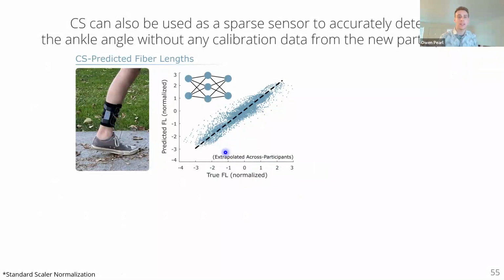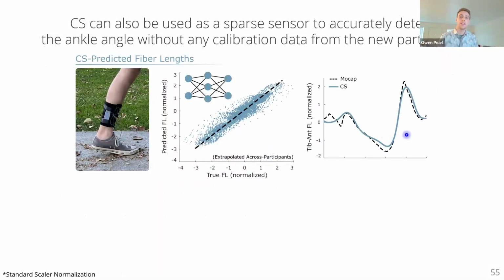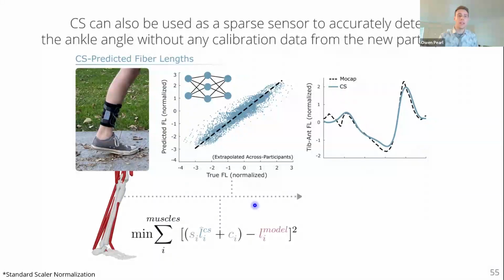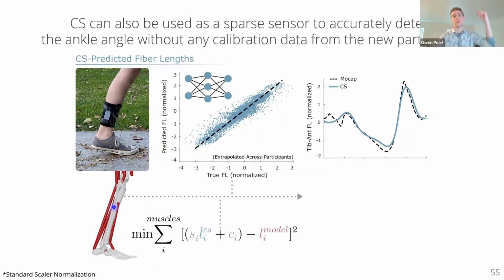And once we have this estimation, this is not really useful for predicting the ankle angle on its own because this is normalized and we care about the unnormalized ankle angle. But fortunately, if we have a scaled musculoskeletal model of an individual's body, we don't even have to use optimal control in the very computationally expensive full physics model. We can just use the fact that in their scaled musculoskeletal model is embedded the information about how long their muscles are.